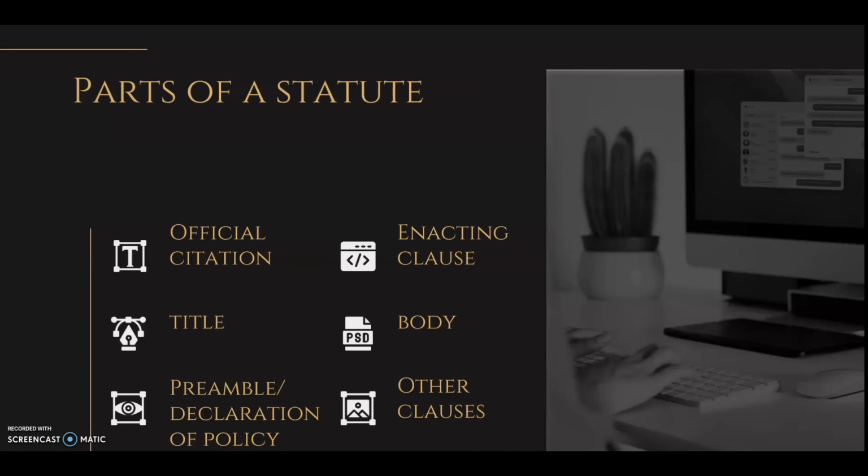For example, section 5, penal provisions. So the epigraph there is the penal provisions. And then the paragraph, of course, which is the association of sentences that gives us the point or the idea of that particular section. Now, there are also other types of clauses that you may find inside the body of a statute, such as the interpretative clause, separability clause, repealing clause, saving clause, and effectivity clause.